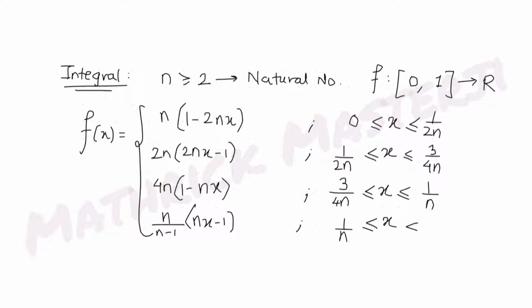So these are the four functions defined for us, and the question tells us that n is such that the area of the region bounded by the curves x equals 0, x equals 1, y equals 0, and y equals f of x is 4.